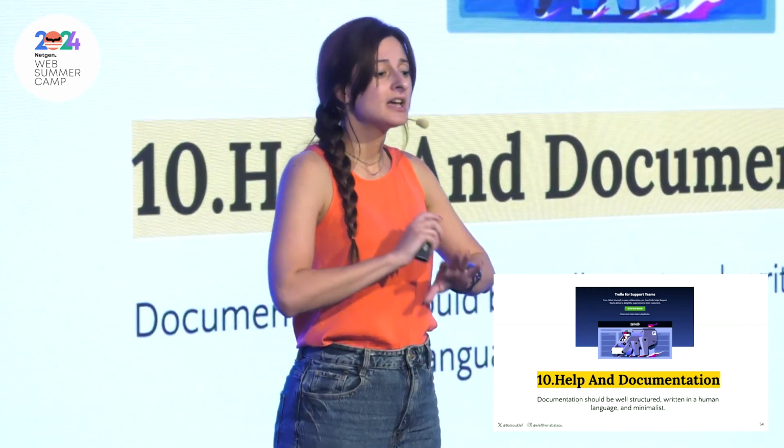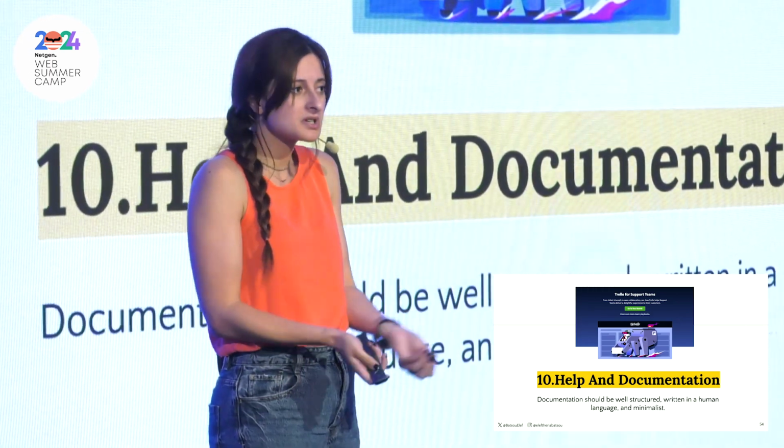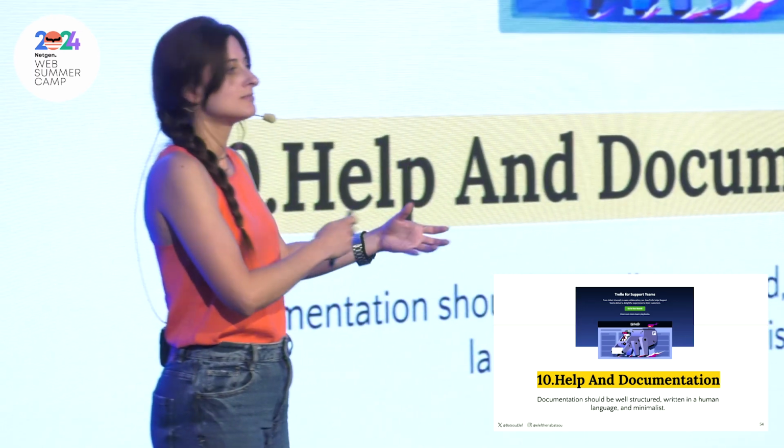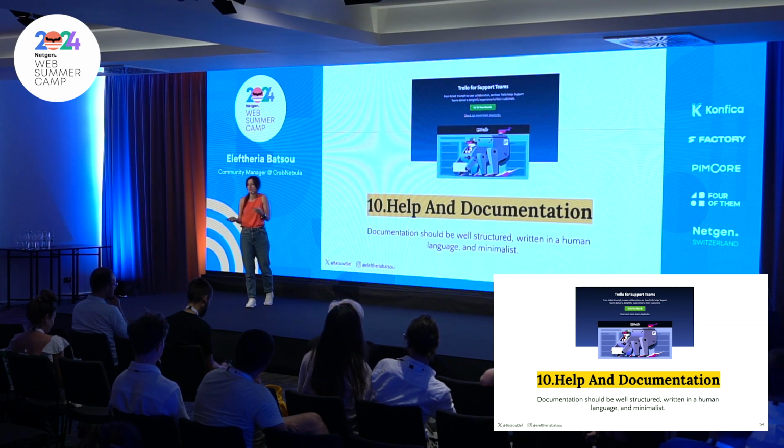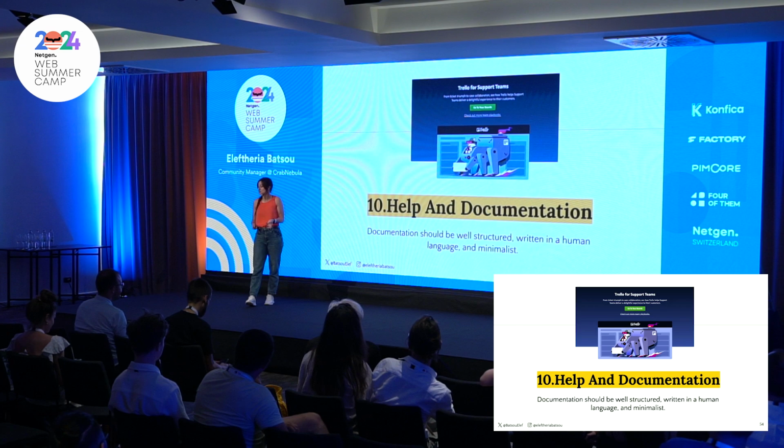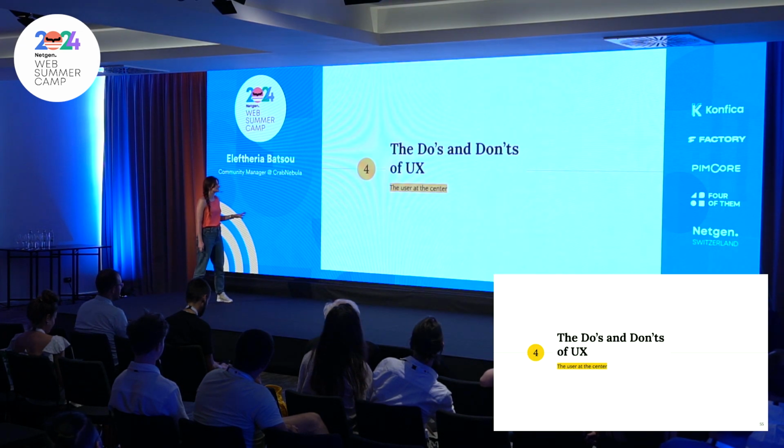Keep it simple, keep it small, just give them some basic things, maybe some basic examples, and then if they want more, maybe you have a link, or a form they can fill in to ask for more information. These were our 10 tips, and let's move on.